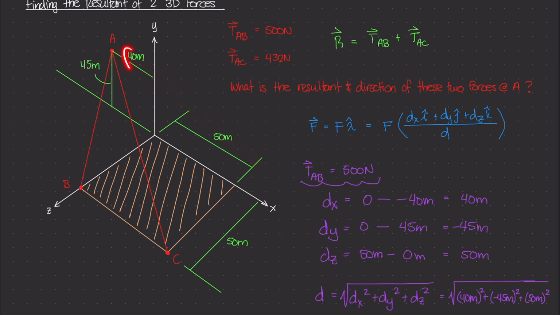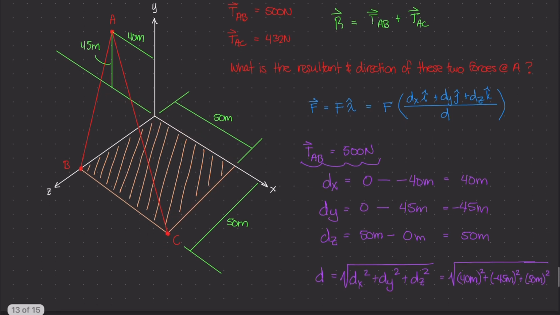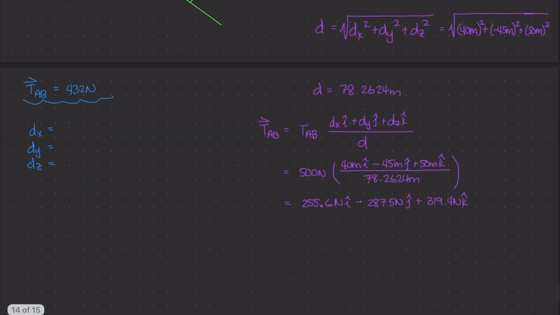Well, it's this 40 meters plus 50 meters. So if you project point A down onto the x-axis right here, you can see that we're going to have to go 40 meters in the x direction, and then we'll have to go an additional 50 meters to get to this point C. So dx is going to be 90 meters, and that's going to be positive.